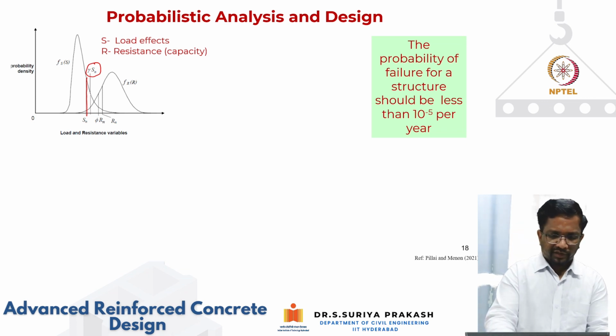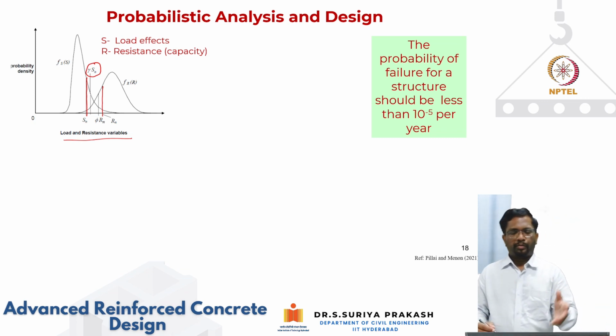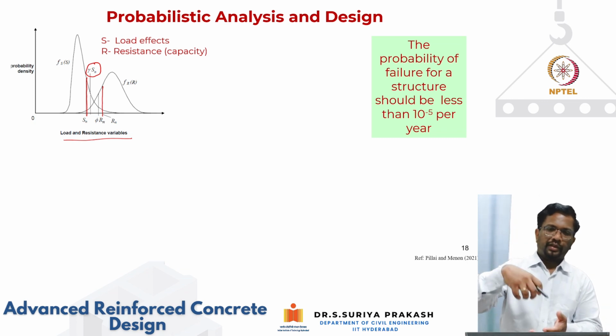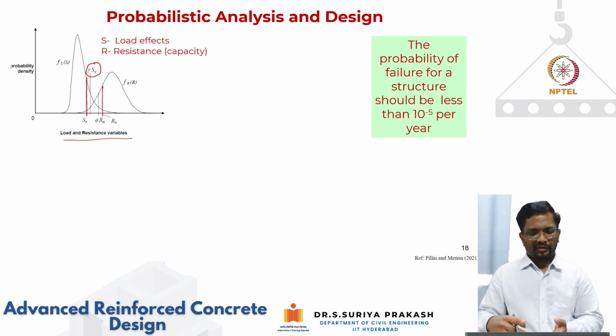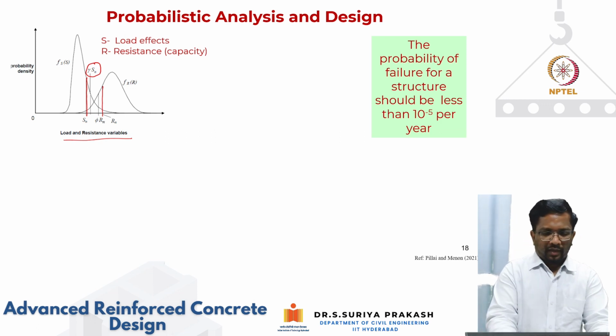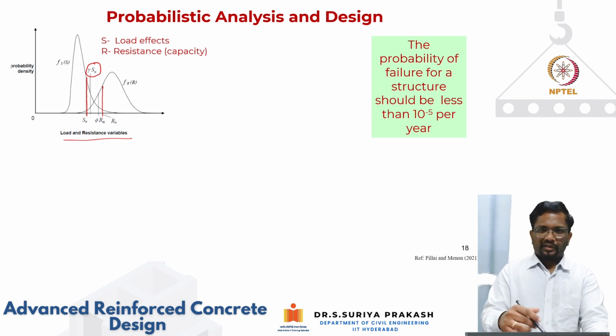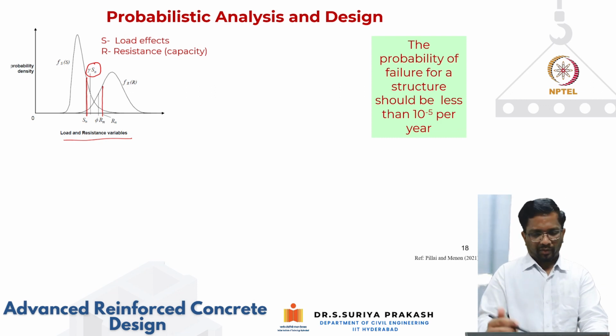For resistance, we take the distribution and then reduce it, because in the x-axis we have the load and resistance variables, and in the y-axis the probability density, that is, the distribution of load and resistance. So we reduce the resistance values and increase the load effect.